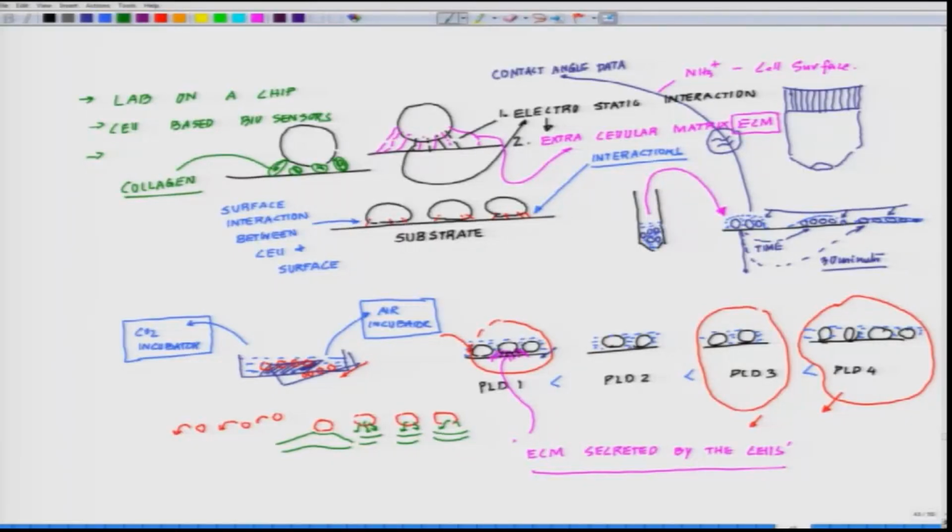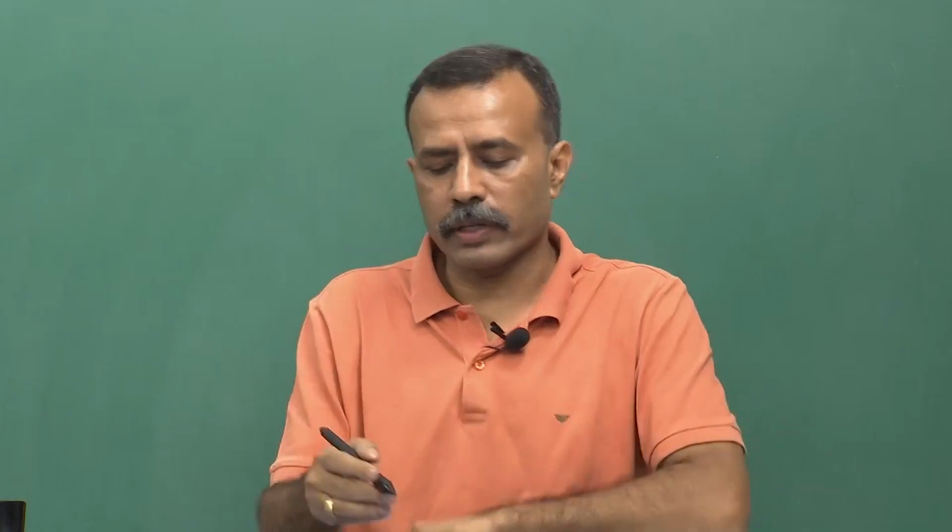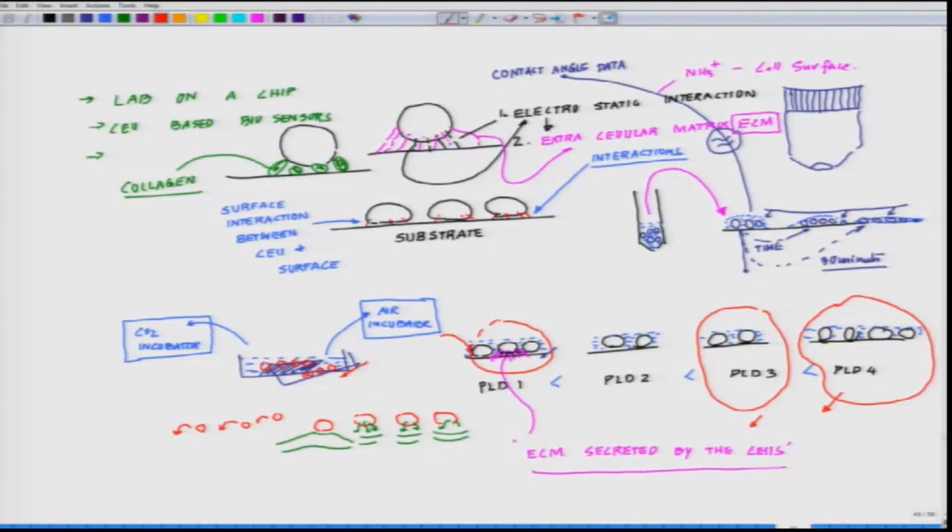For the cellular interaction, collagen has its own receptor on the cell surface and they bind like this. So here you are not really relying on this part for the attachment. You are only relying on this part. That means the force dynamics of the attachment are going to change.